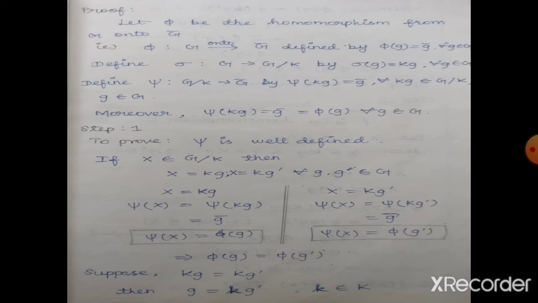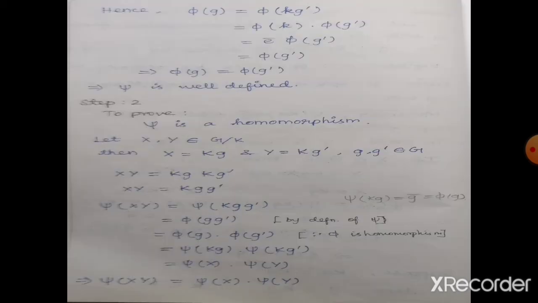Suppose Kg is equal to Kg dash. Then g can be written as small k into g dash, where k belongs to K. Hence, taking the phi mapping on both sides, phi of g is equal to phi of k g dash. Phi is a homomorphism, so we can separate this into phi of k times phi of g dash. Here k belongs to K, which is the kernel.